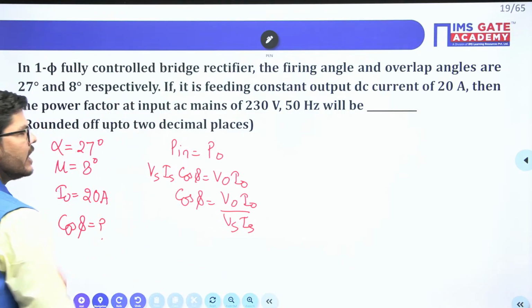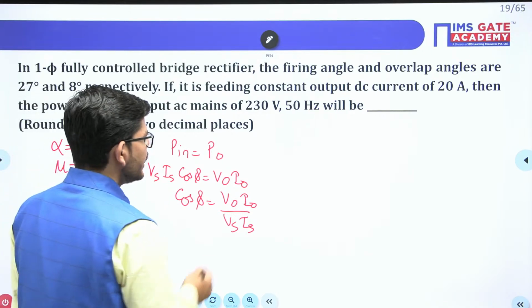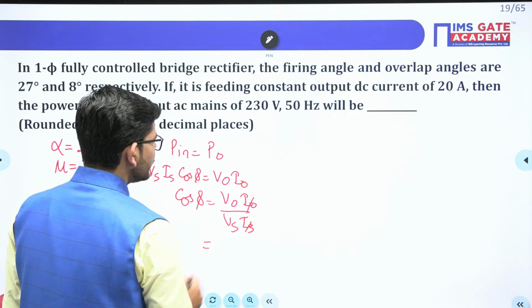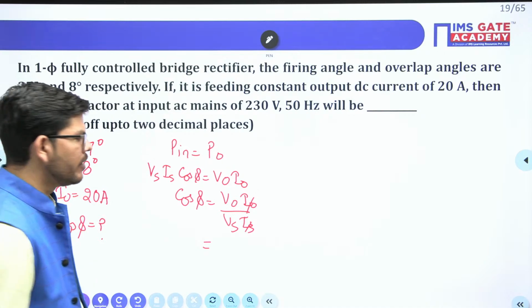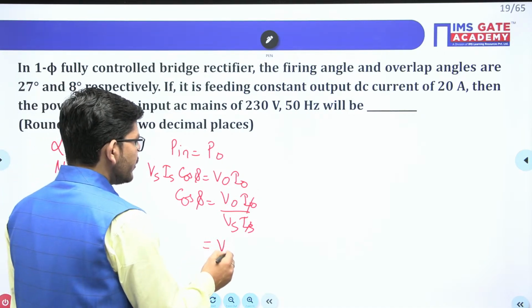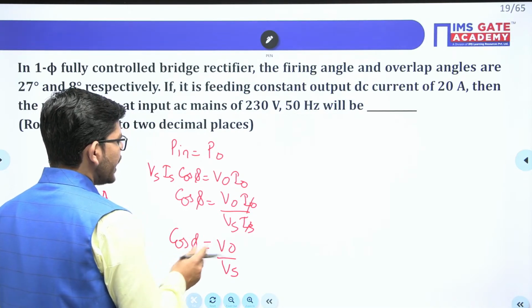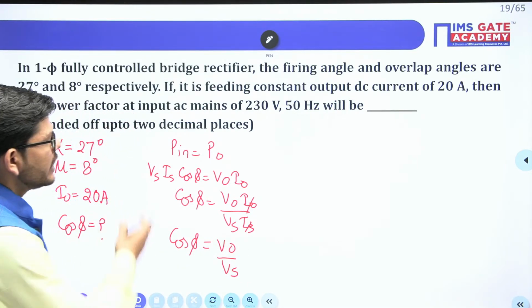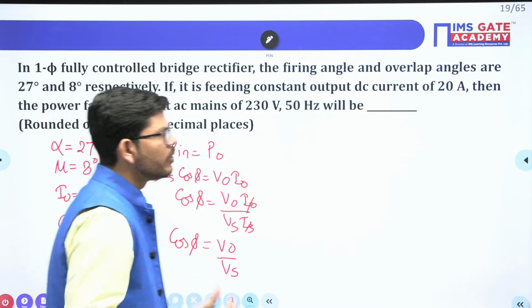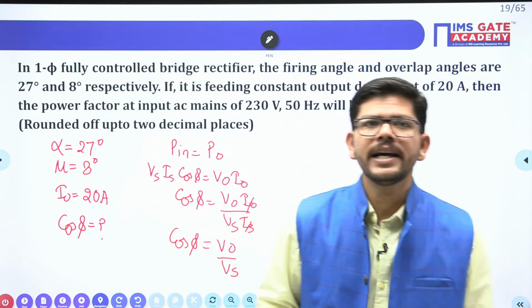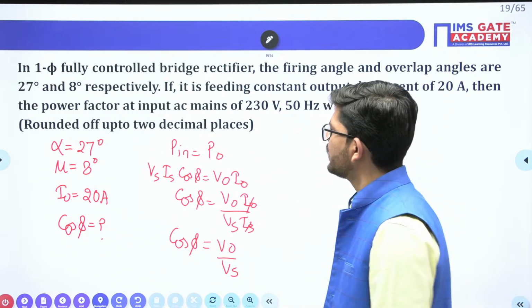Since I naught remains constant at 20, I naught and Is cancel, because average and RMS values are the same. So cos phi will be V naught upon Vs. We have to calculate V naught, because Vs is given. Once we know V naught, we can calculate the power factor very easily.